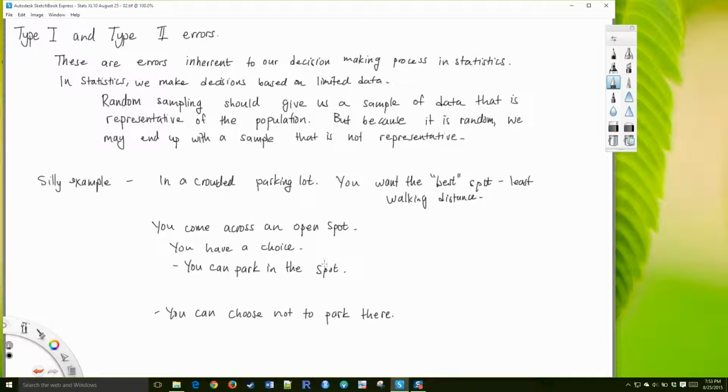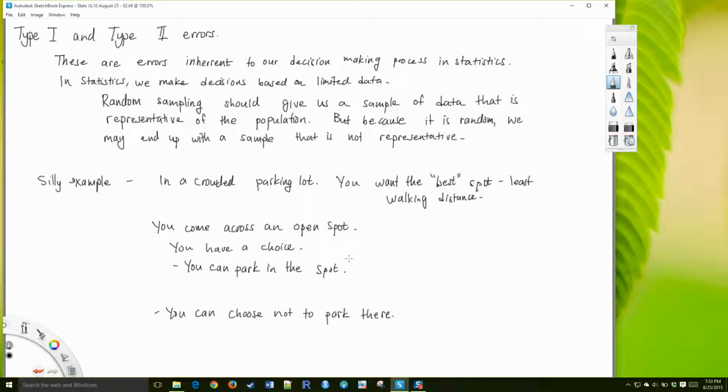I left a little space because I'm going to write stuff. So you can park in the spot, or you can choose not to park there. Now, this is not a big deal, this is parking.